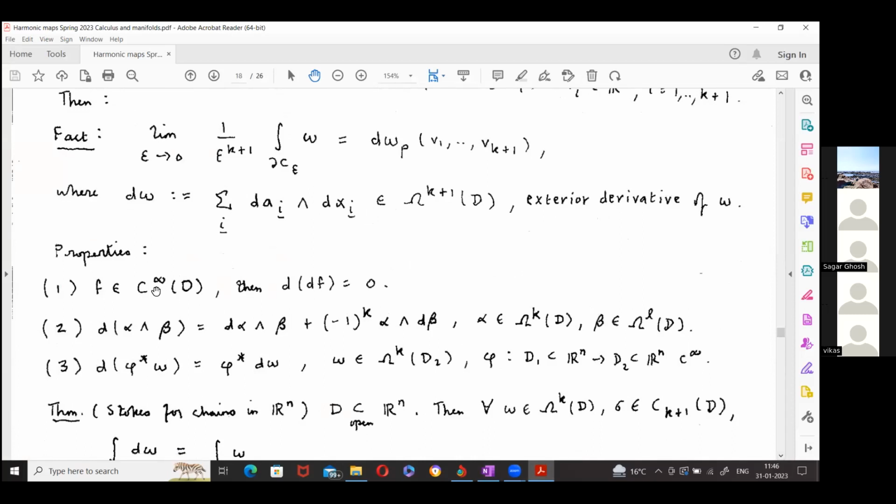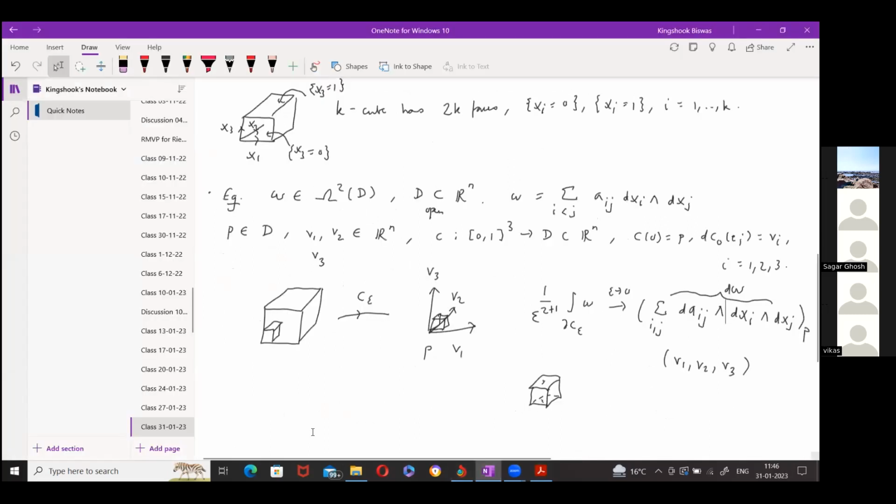If f is a smooth function, then I can look at df, that's a one form, and then I can look at d of df. This turns out to be 0. It's not hard to see that d of df is 0.